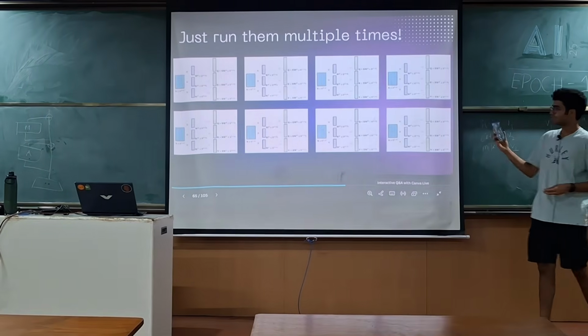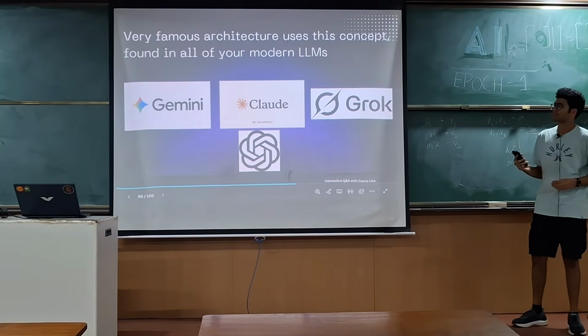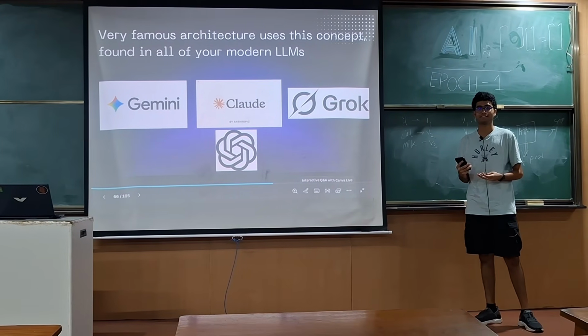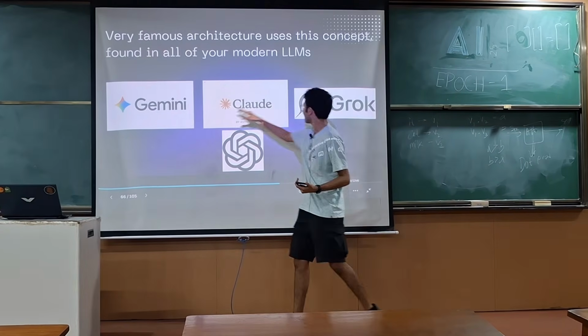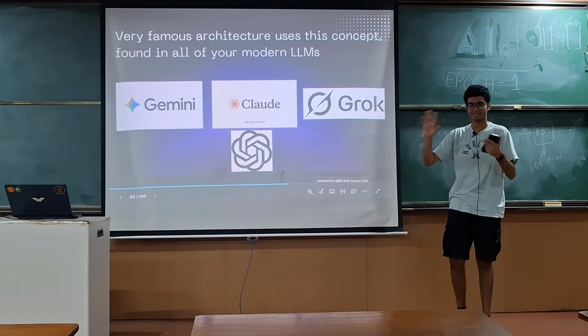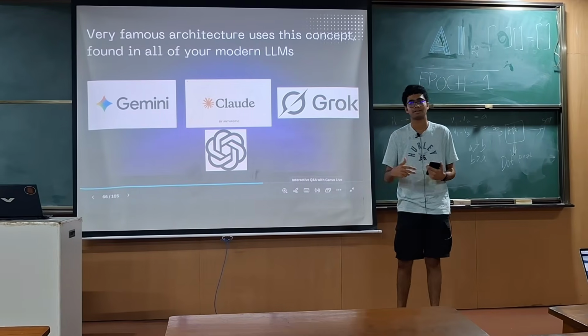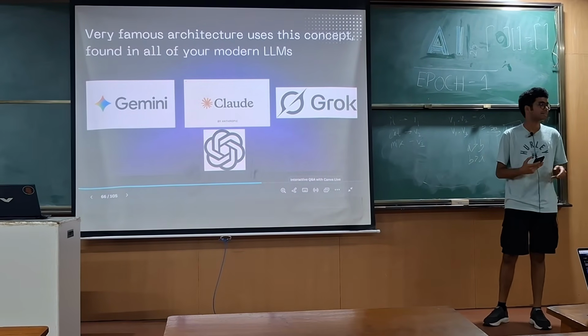By the way, we use this attention thing in a very famous architecture. Can someone name the architecture? Gemini, Claude, ChatGPT, Grok, and so on are called LLMs. These LLMs work on some model. What is that model called? Can anyone guess? Yes, that's right.